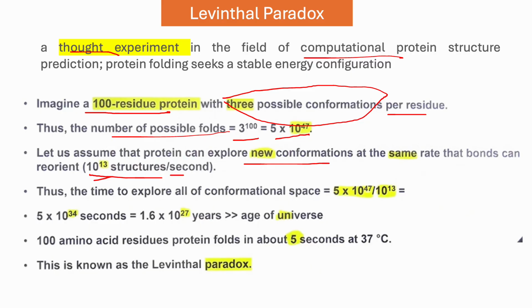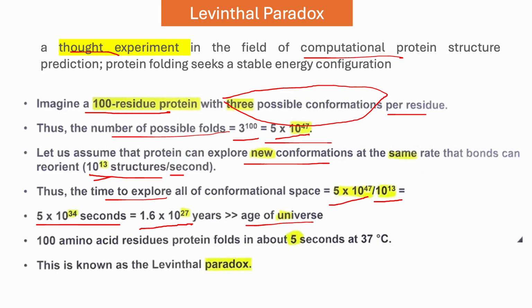So if we divide the total number of conformations, 5 times 10 to the power 47, by 10 to the power 13, we get the time in seconds. How many seconds? It is 5 times 10 to the power 34 seconds. If we convert this into years, it will be 1.6 times 10 to the power 27 years, which is higher than even the age of the universe.